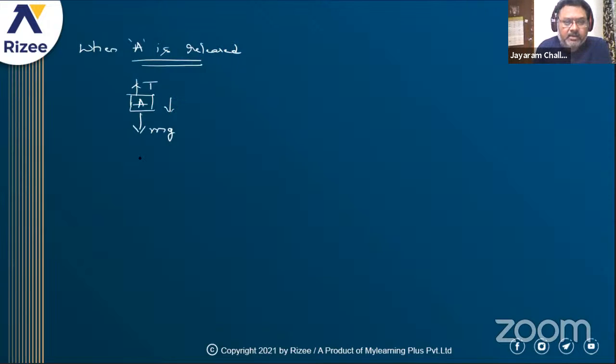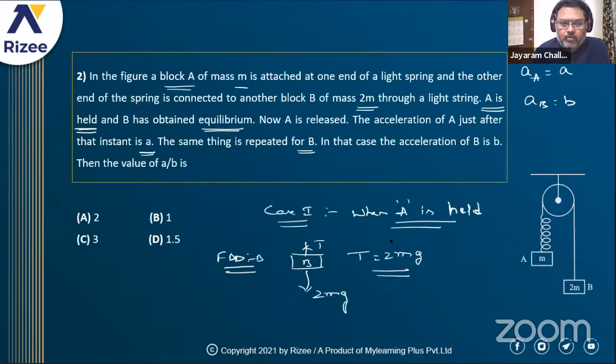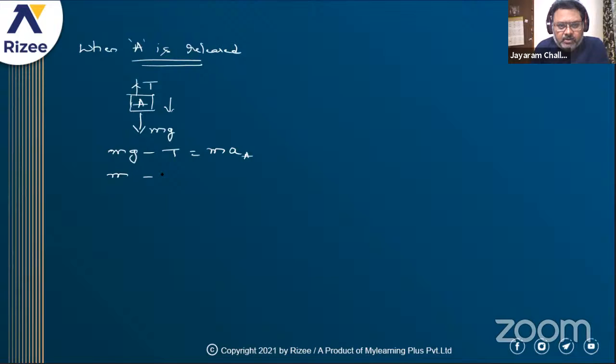So mg minus T is equal to mass into a, where a is the acceleration of A. Earlier we got the tension T is equal to 2mg. Substituting here, mg minus 2mg is equal to m into the acceleration of A. That implies the modulus of acceleration of A is nothing but g.